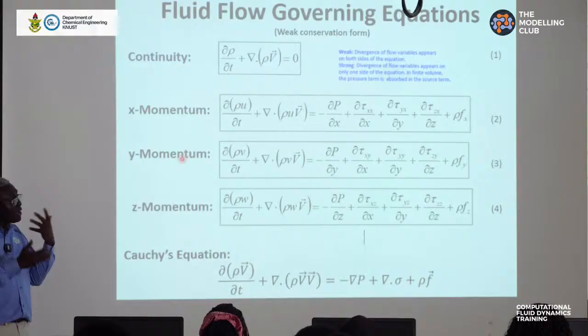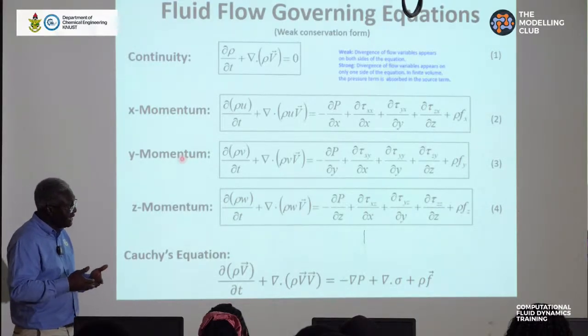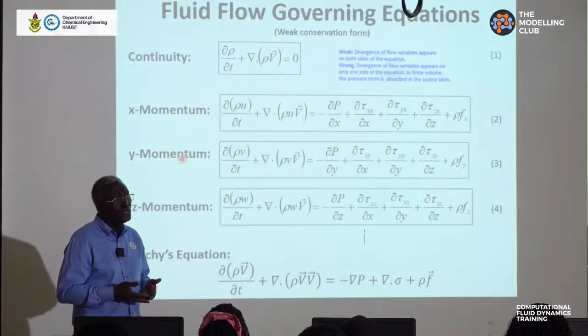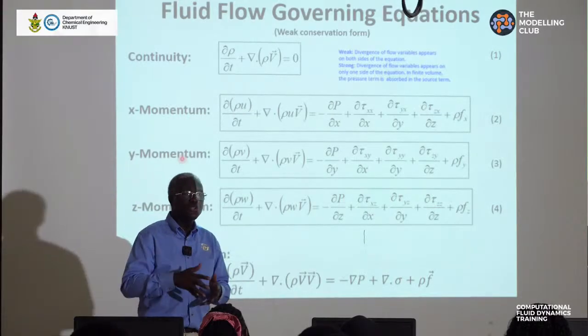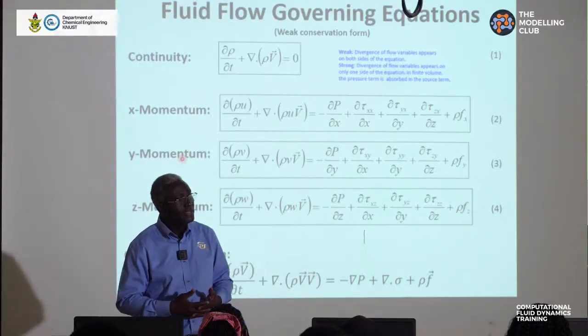So this is how you have to think when you are manipulating these equations. And I'm stressing this at this point because when you go into your CFD software, you see various input panels that you have to specify.